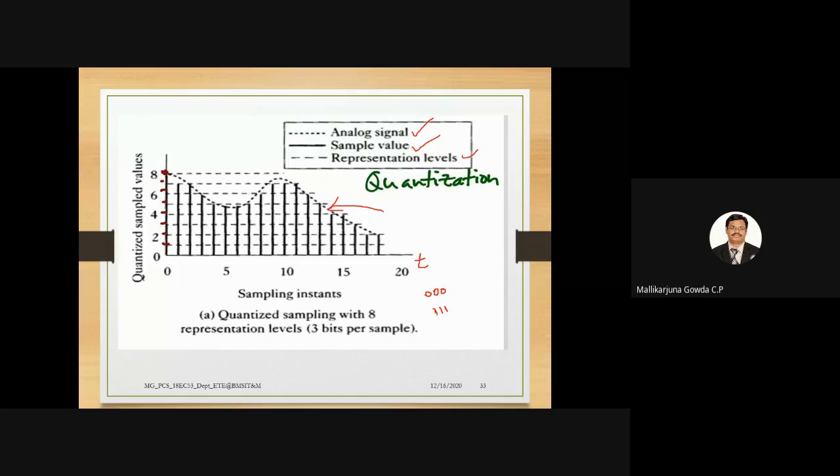After encoding, each of these binary numbers will be represented by pulses. We call that line codes. There are different types of line codes; I will discuss that. Means I can represent 0 by no pulse and 1 by a pulse having some width, like this.